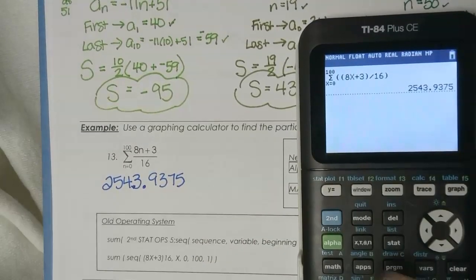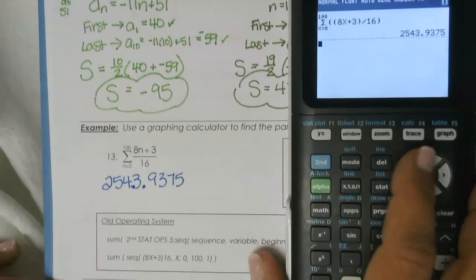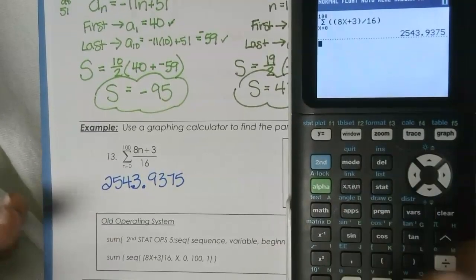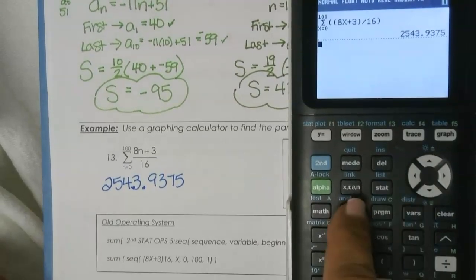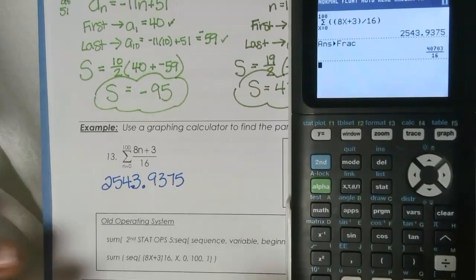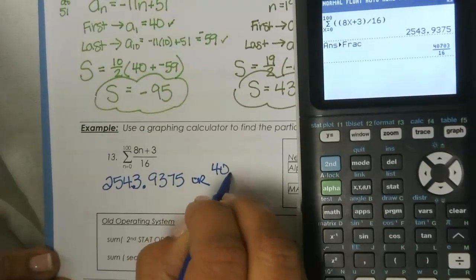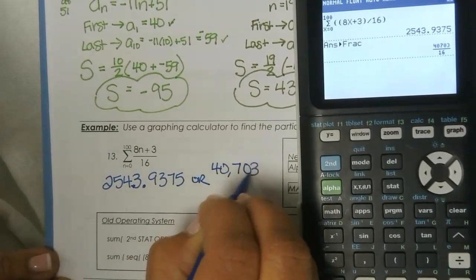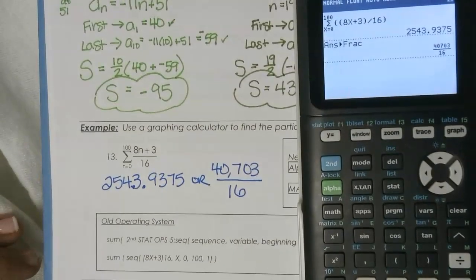And then the nice thing about the graphing calculator, remember, is that if it is a repeating decimal, you can turn it into a fraction, as long as it's not too crazy of a decimal. Sometimes it freaks it out, but you could try. I like things in fraction form instead, especially with the next lesson that we're doing. So you could go to math number 1 fraction, and then you could turn it into the fraction this way. So 40,703 over 16. Okay.